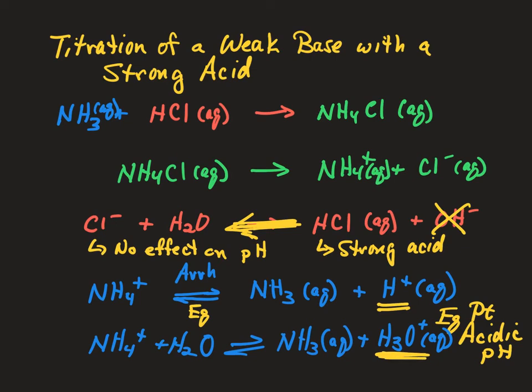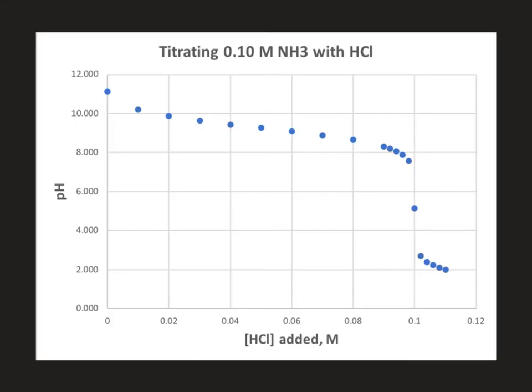Because we have an equilibrium, we get a yield of hydronium ions, which makes our solution acidic. So if we're titrating a weak base with a strong acid, our equivalence point will be at a pH less than 7. Here we see a titration curve for the titration of, in this case, 0.1 molar ammonia.